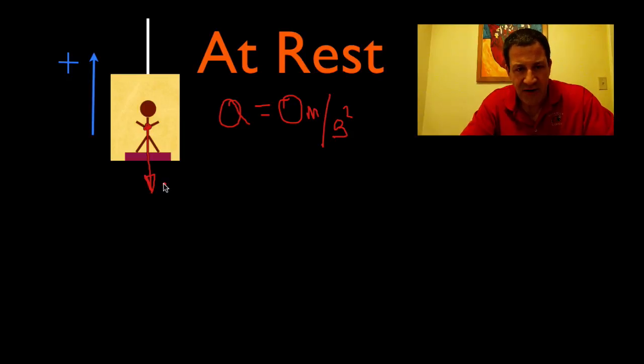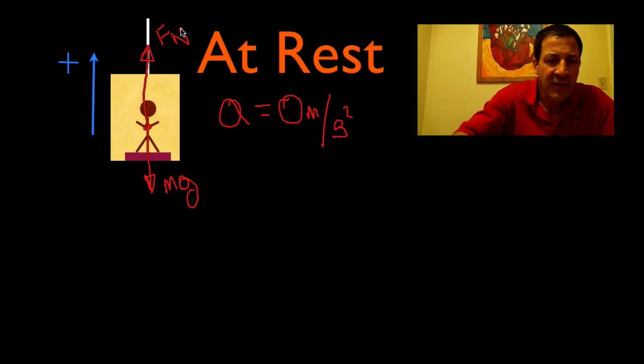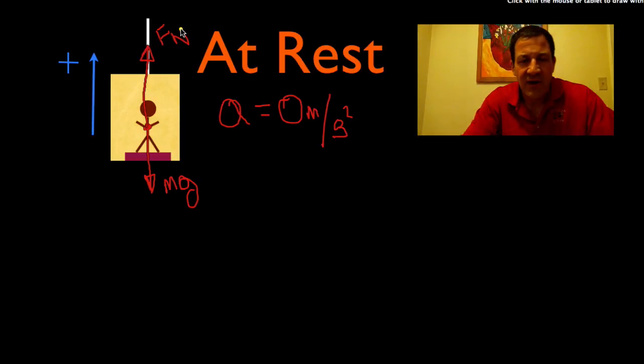The downward force is gravity. We could put Fw, force weight, or Fg for force of gravity, but usually it's designated mg, the mass times acceleration due to gravity, and that is how you calculate your weight, which is a force. And then the normal force pushes up because we know we're not falling through the floor of the elevator.